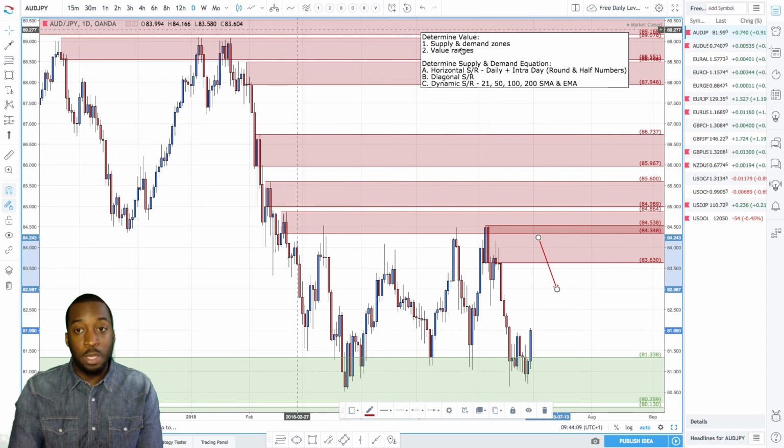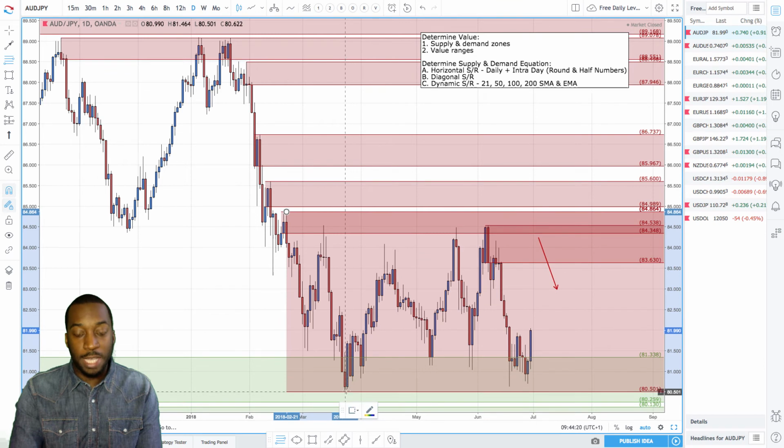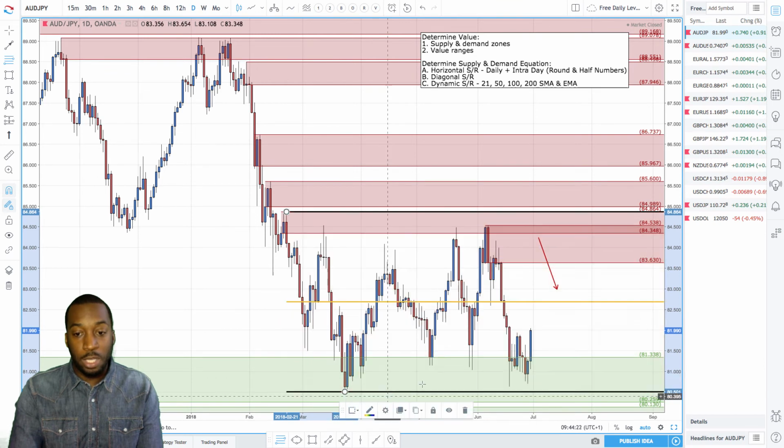From a value range perspective, value ranges for me identify where exactly we are when it comes to value, right? So prices between a high and the low are an agreed value range between buyers and sellers.